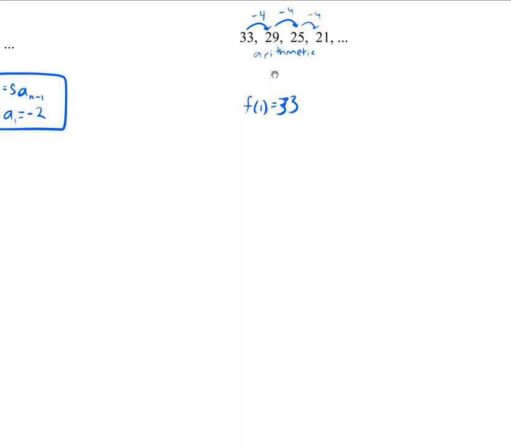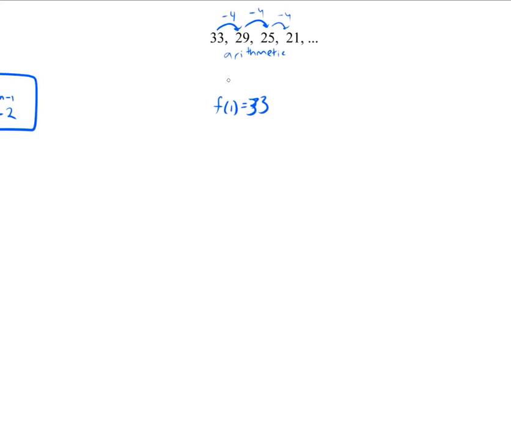So I have my function here. It's going to be f of x is equal to f of x minus 1, and all of that is being subtracted by 4.